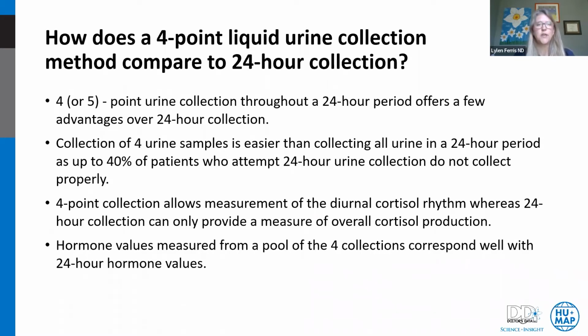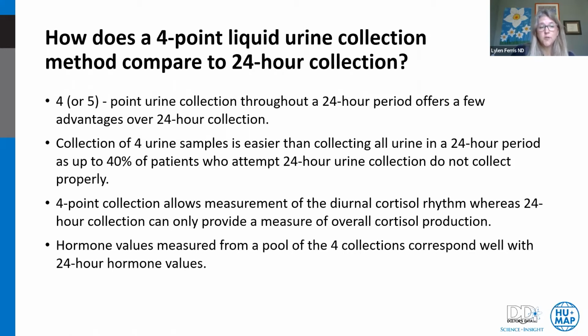The research indicates up to about 40% of patients who are attempting to collect every void over 24 hours actually don't collect properly, and at least one void is flushed away. And if we don't have a precise volume of urine for that 24-hour period, then the information we get from testing is skewed. So this 4-point spot testing takes that danger away.